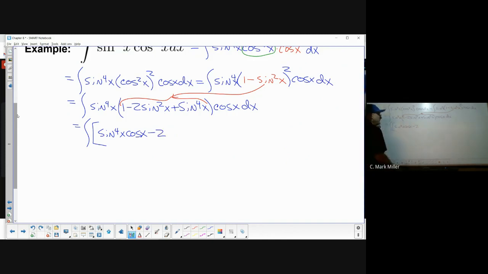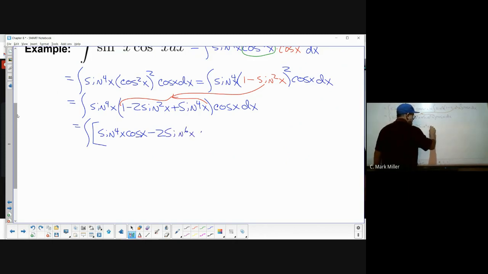Minus 2, I have a sine squared times sine to the fourth. That's sine to the sixth x cosine x. Then I have sine to the fourth times sine to the fourth. That's sine to the eighth times cosine x.